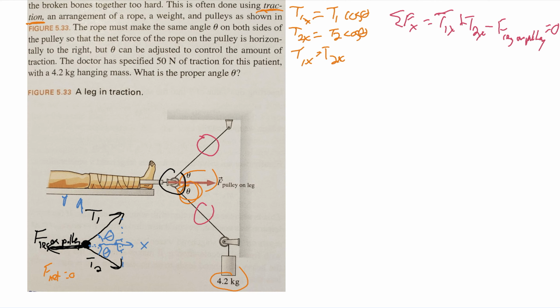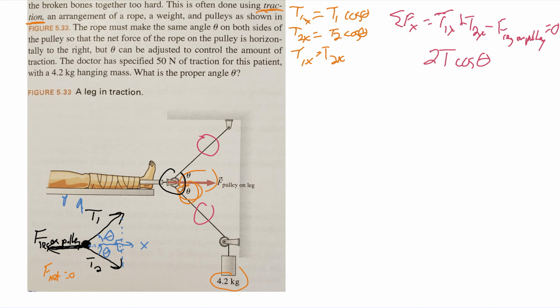So T1 is actually T2, and saying T1x is irrelevant to saying T2x. They're both the same thing. So I don't even need to distinguish T1 and T2. It's just T. So what I really have here is simply two tensions cosine theta.